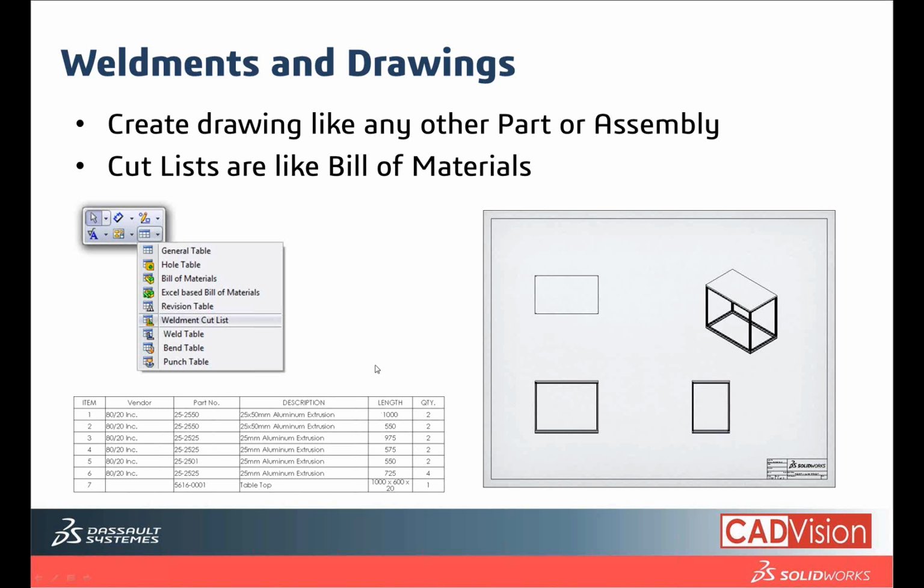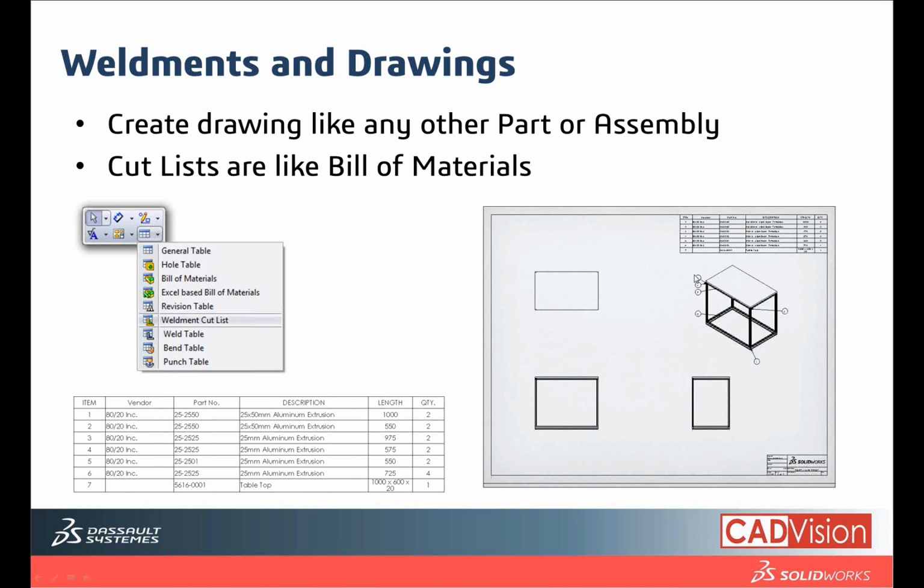Whatever you want, you can customize it yourself, just like in the assemblies. So call it out, and of course you can call out the balloons for each of the parts so that you know which one it is referring to.